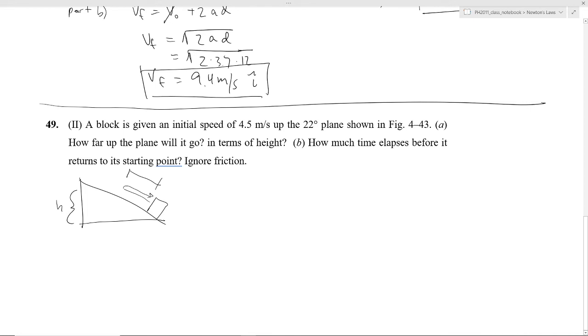So to figure this out, we can use our kinematics expression again. Now notice the angle is the same as the question that we just looked at, so the acceleration will be the same. It only depends on the angle.